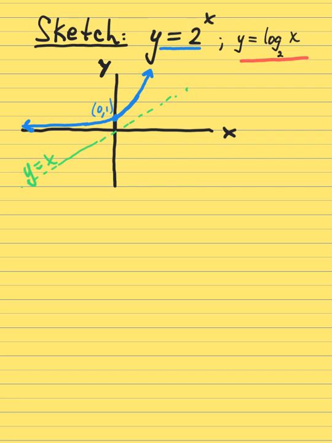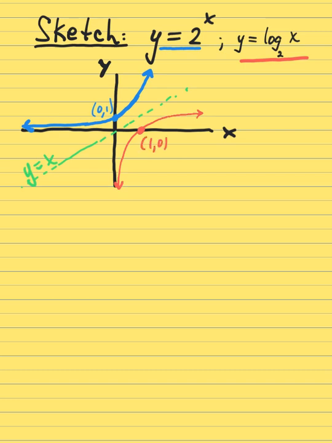Instead of having a horizontal asymptote at y equals 0, there will be a vertical asymptote at x equals 0. Instead of a y-intercept at 1, there will be an x-intercept at 1. All those roles change hands.